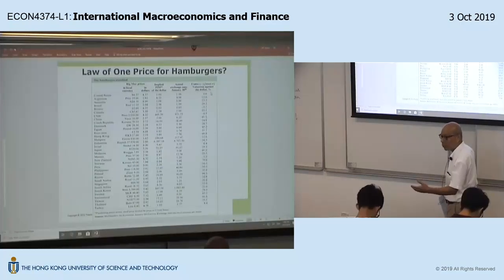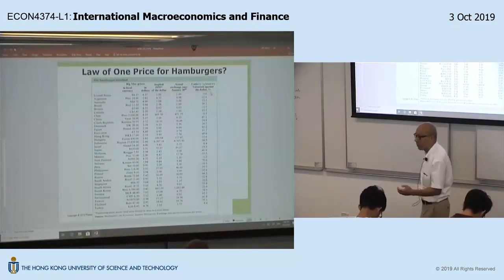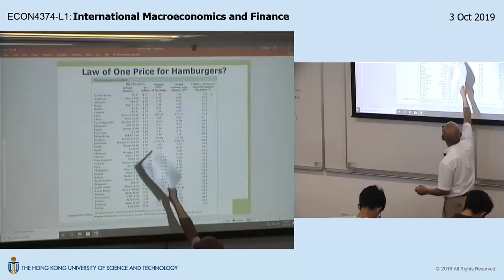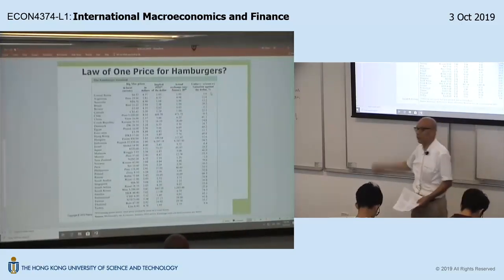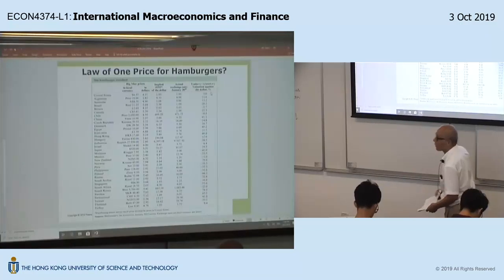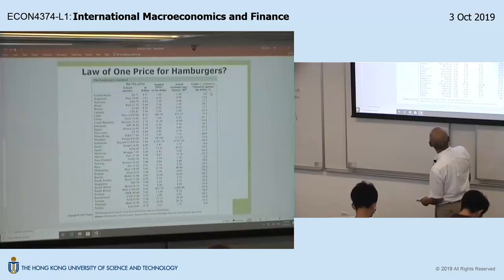Otherwise there should be arbitrage of hamburgers, so it should be more expensive, right? So 17 Hong Kong dollars should actually be worth more US dollars. So the Hong Kong dollar is severely undervalued, according to this.